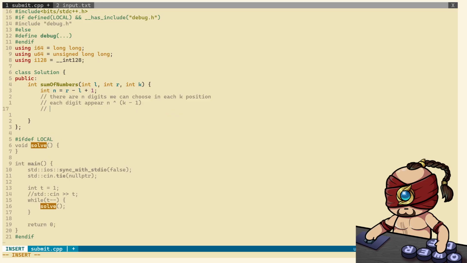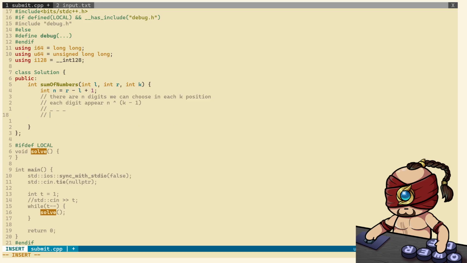Because when you fix this digit, for the other positions you have an option right here and an option right here. So n to the k minus 1 makes sense now.